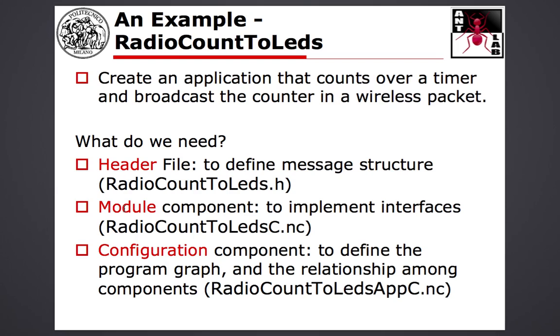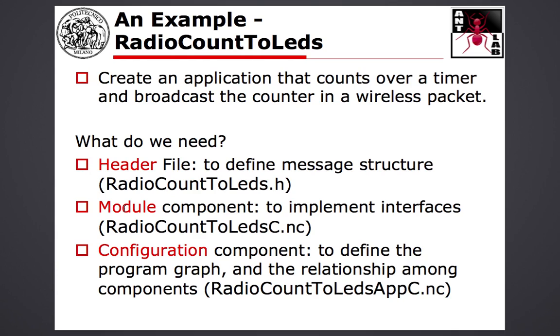If the number is 2, in binary it would be 0 1 0, so only the second LED will be on. If the number is 3, which in binary is 1 0 0, only the third LED is on, and so on. We will use these binary combinations in order to trigger on and off LEDs according to the number we read in the packet.